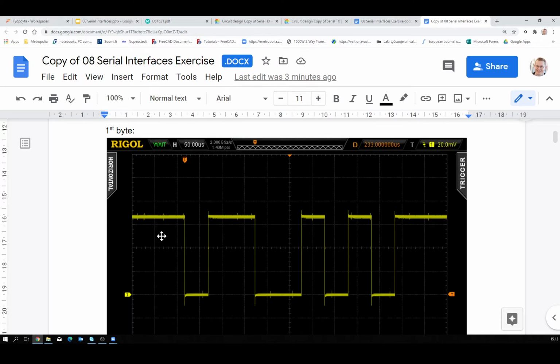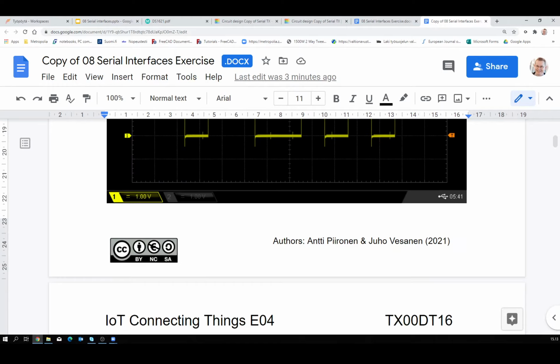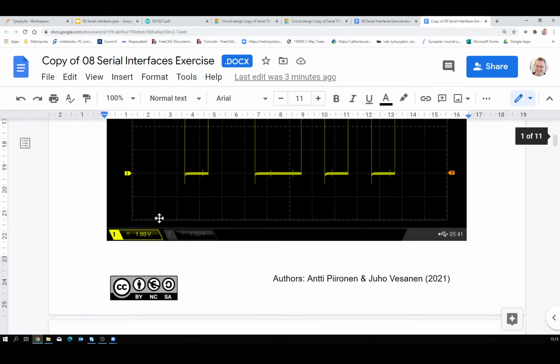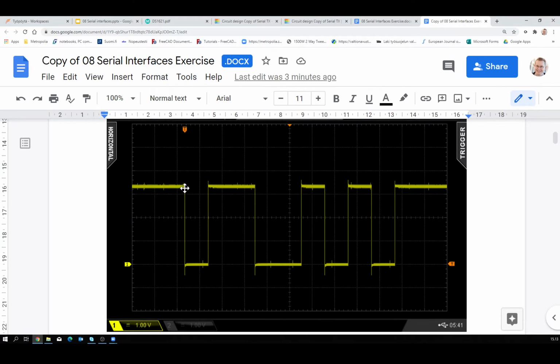It didn't say anything about how fast the transmission is, so I would guess one of the questions here is what is the bit rate? Then another one is what is the message? So start bit, then 8 bits, and no parity bit, so that must be the stop bit.